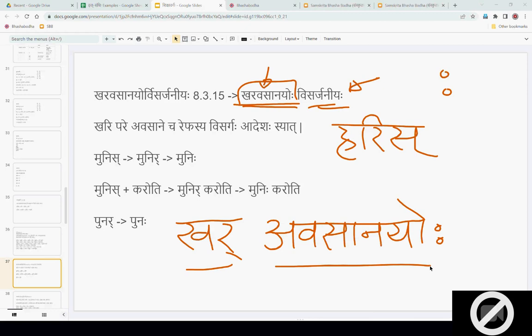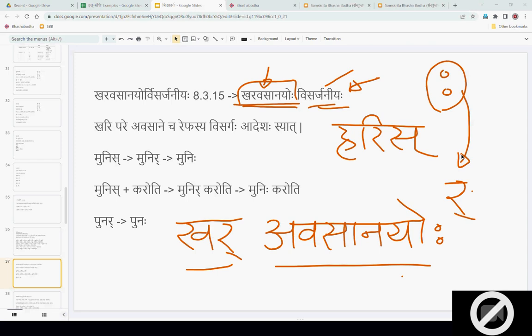So what this means is Kharavasanayoh visarjaniyah. Visarjaniya means visarga. So this sutra is saying in some condition this visarga will be substituted for ra. In place of ra, visarga will be substituted.